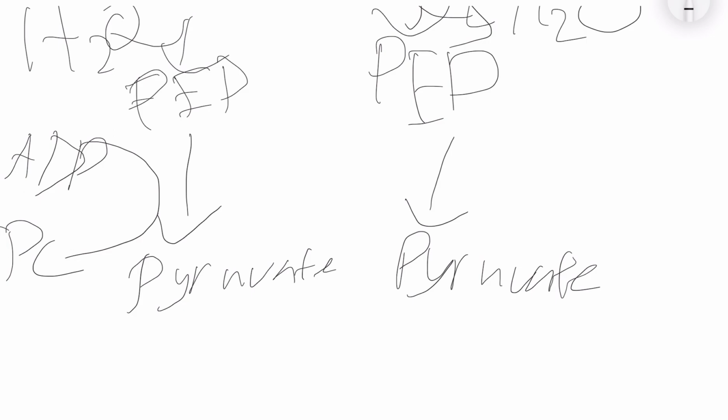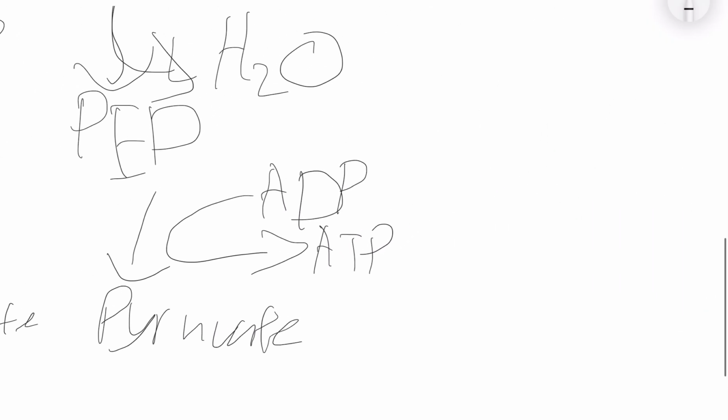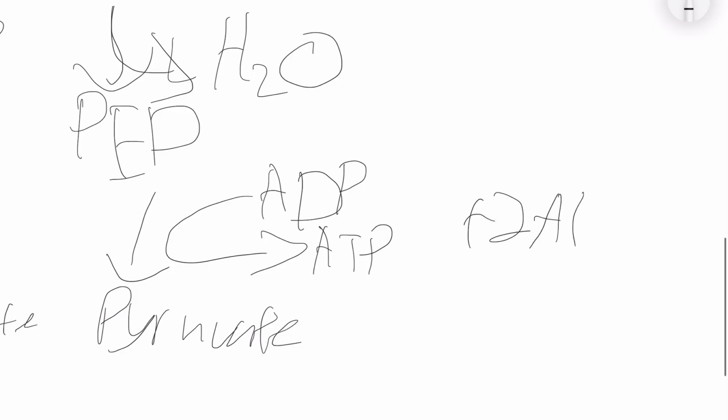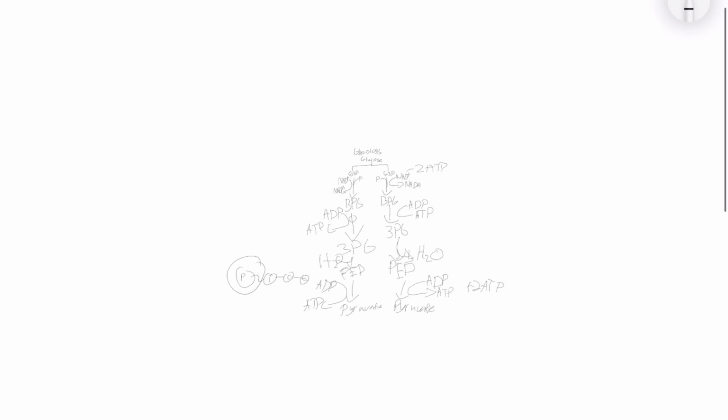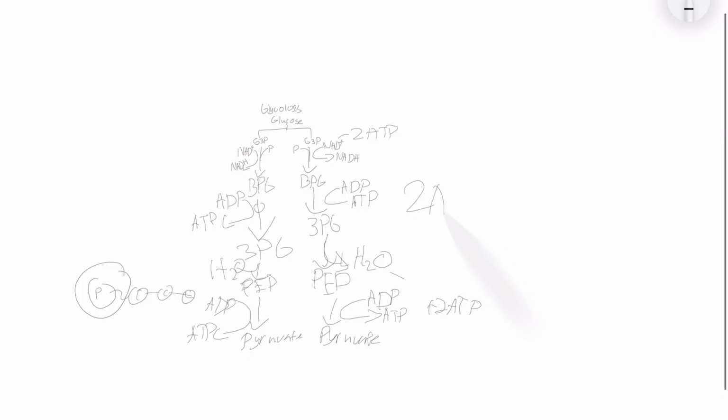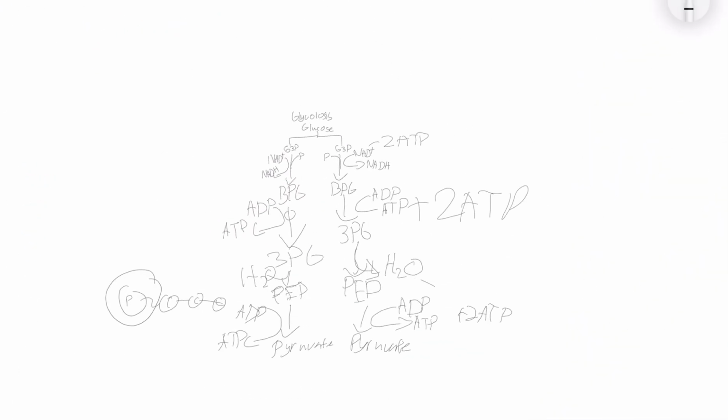So we have now gained 2 ATP. And we also gained 2 ATP here. And this is all from one glucose molecule. So we lost 2 ATPs here, we gained 2 ATPs here, and we gained 2 ATPs here.